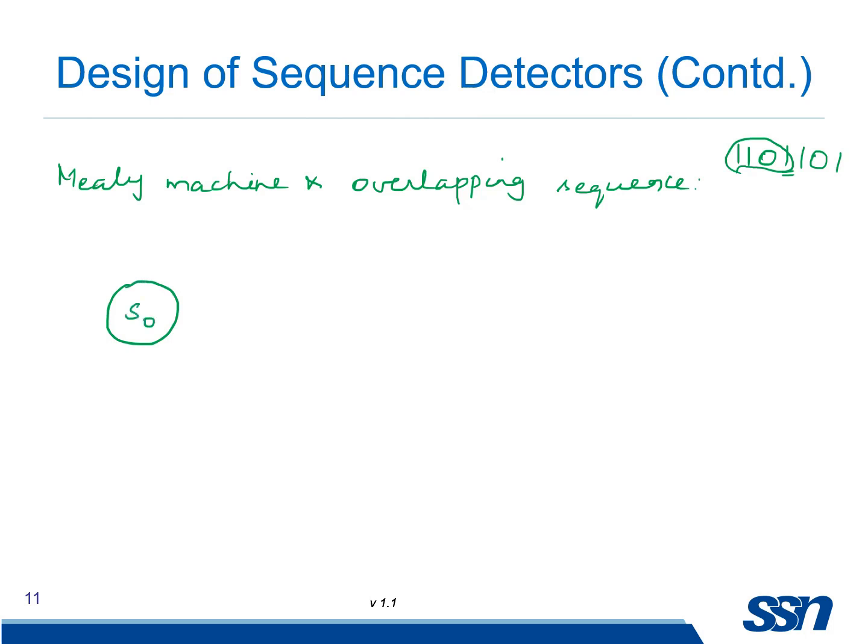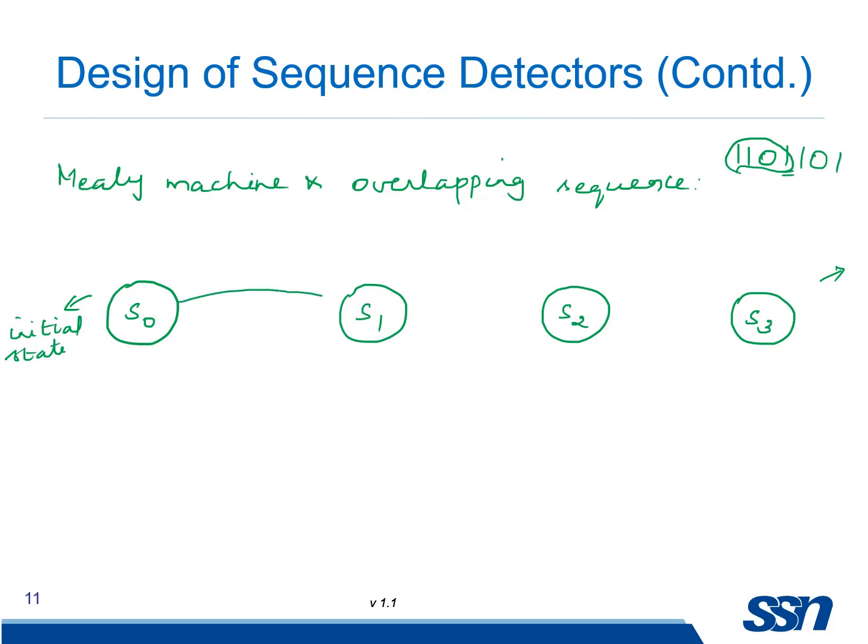So S0, S1, S2 and S3. The initial things are same, only the difference is with respect to this last state. Okay, anyway I will explain that. So let us assume S0 to be our initial state.